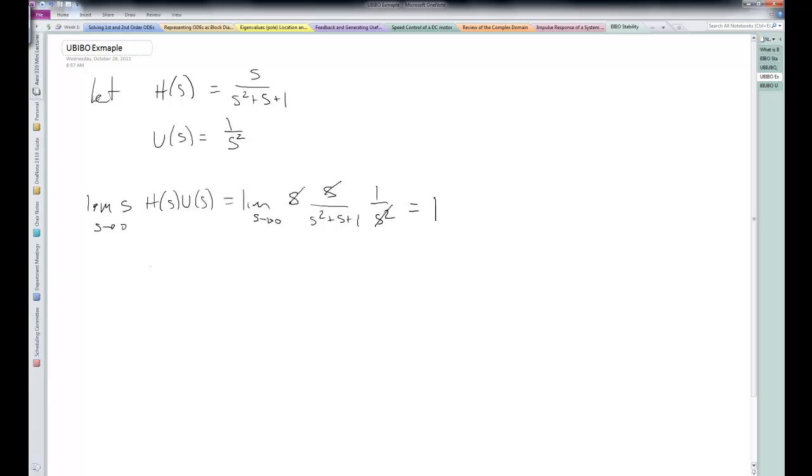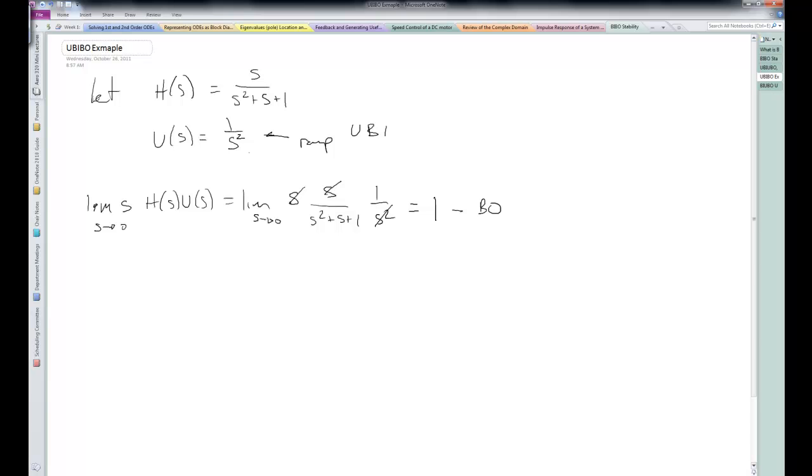So this is a ramp input, an unbounded input, and we find that we have a bounded output. In this case, this system is capable of accommodating an unbounded input and keeping a bounded output.